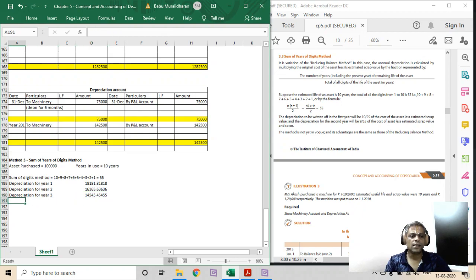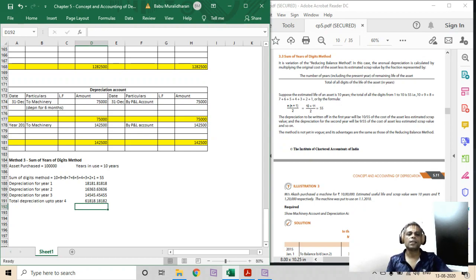So if depreciation has to be calculated for year 4, total depreciation up to year 4 is equal to 1 lakh into 10 plus 9 plus 8 plus 7, that is 19 plus 8, 27 plus 7, 34, into 34 divided by 55.